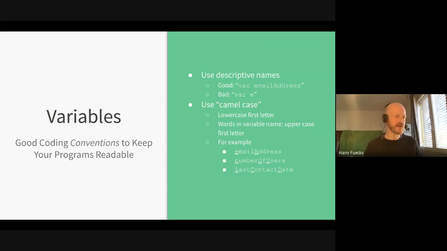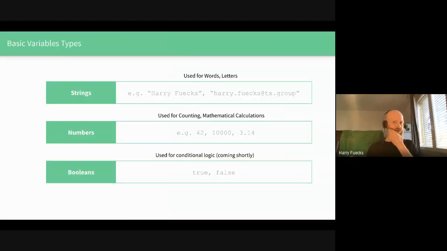Trying to make code that is readable to the eye is worth doing. Using good variable names and being consistent makes it easier when you're looking over code to understand what was in there. Okay. All right.